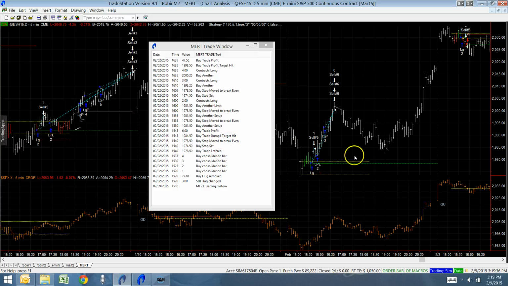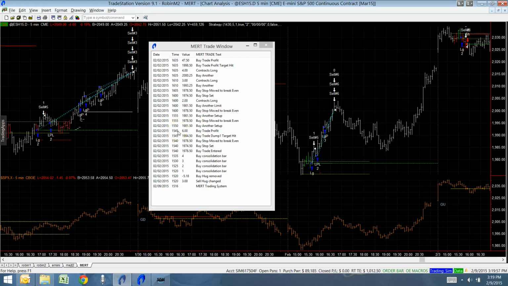So the buy stop moved up to here. And then 5 minutes later, the dump target, which is 6 points, is hit, and we sell one for 6 points. And we got a buy trade profit of 6 points, and it's now starting to set up to buy another.